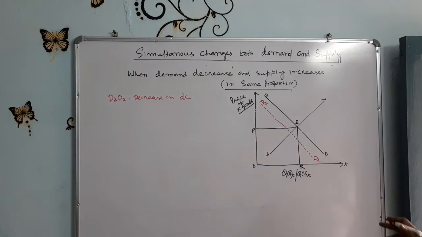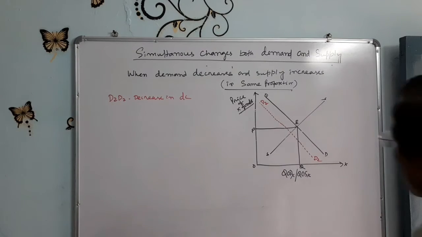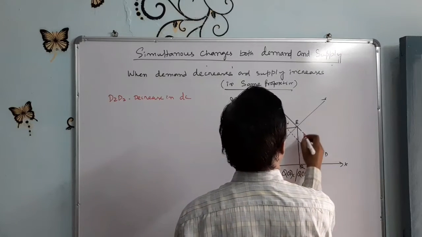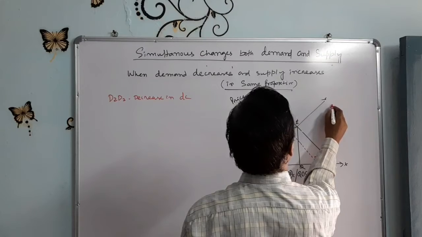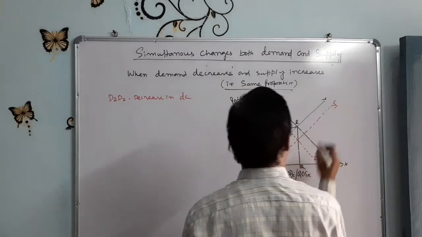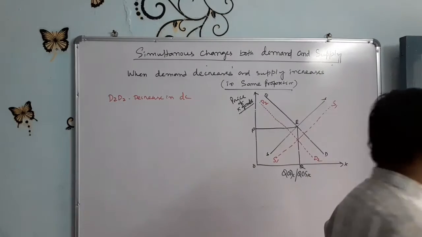Supply increases means it shifts towards the right side. S is the supply curve. The increase in supply curve is S1.